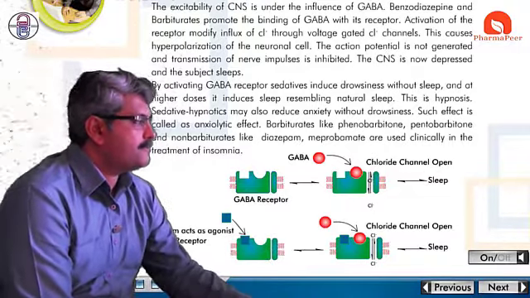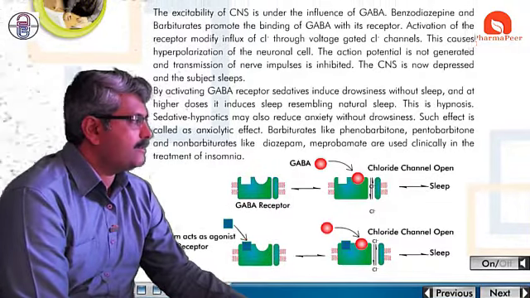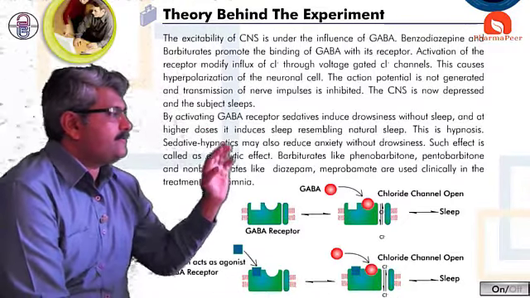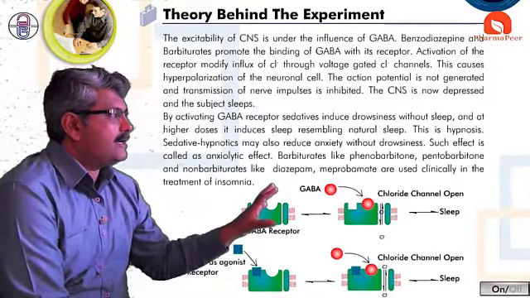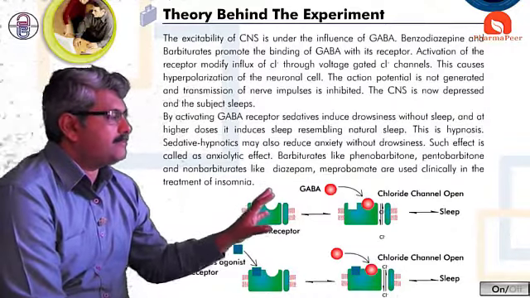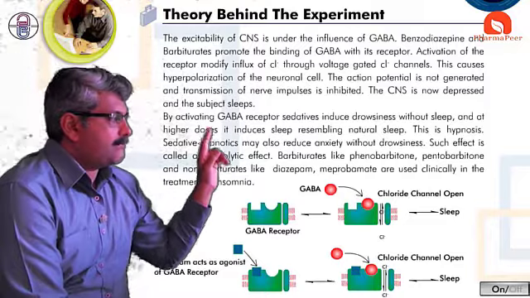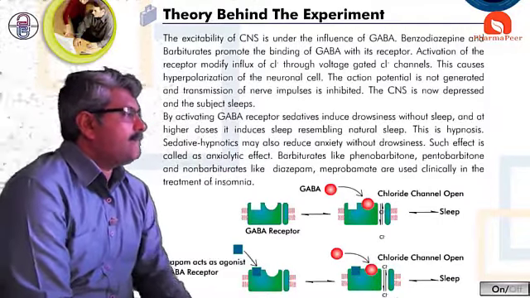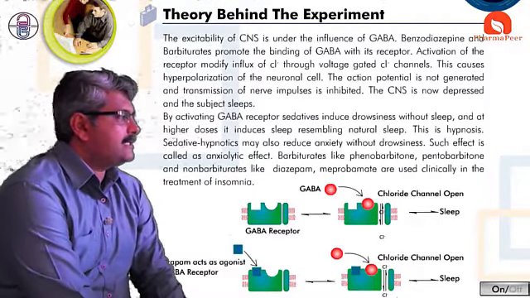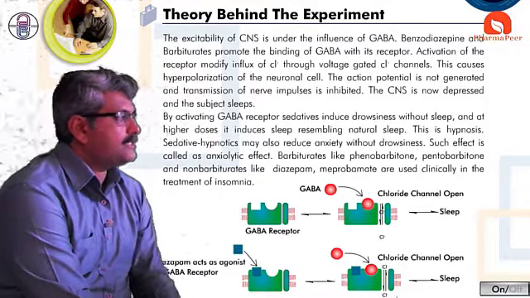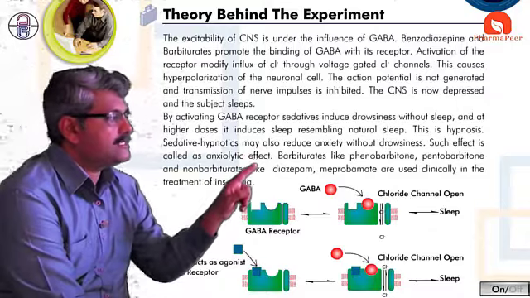This is a beautiful explanation about the mechanism of action of all the hypnotics and sedatives. Usually, this explanation gives information about GABA and the GABA receptor. This is a particular piece of information that I would like to repeat here. By activating this GABA receptor, a sedative induces drowsiness without sleep, and at higher doses it induces sleep resembling natural sleep.